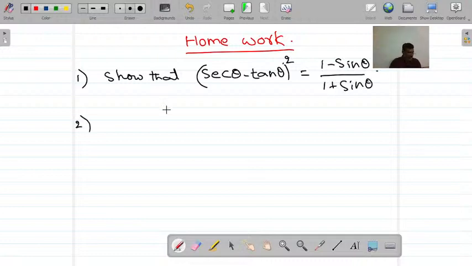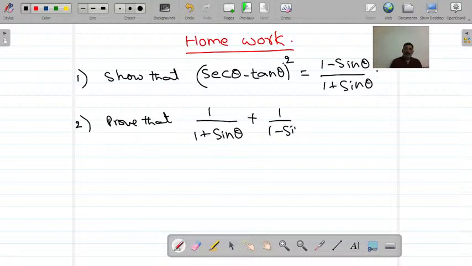Next one, prove that 1 by (1 plus sine theta) plus 1 by (1 minus sine theta) is equal to 2 secant square theta.